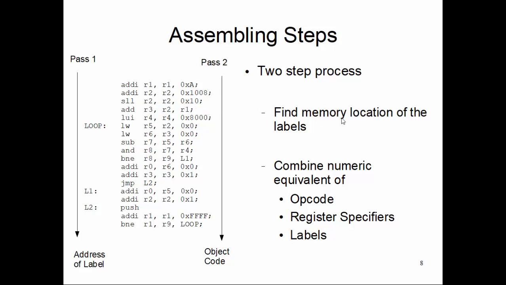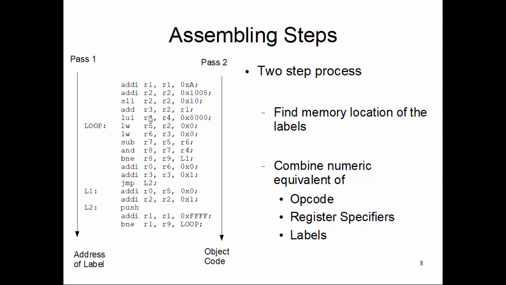The first step is to find the memory location of the labels, and secondly, combine the numeric equivalent of the opcode, register specifier, and labels and all this stuff. So it's a two-step process.